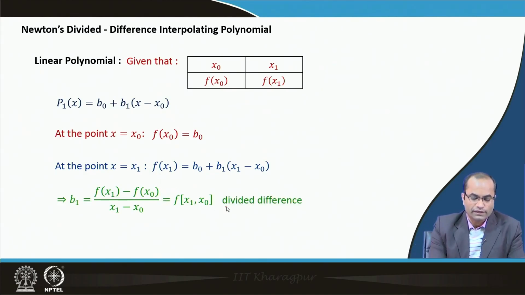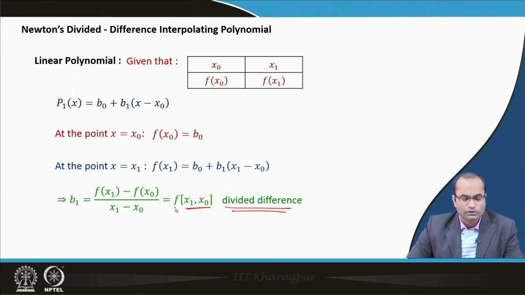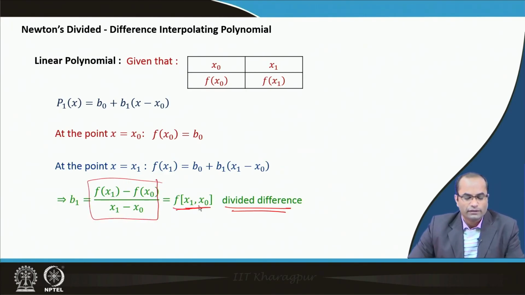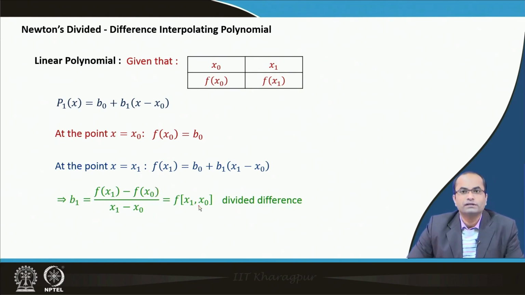So, this is the divided difference, taking these x 1 and x naught two nodal points. We are defining this ratio by this symbol f x 1 x naught with the square bracket. So, this is what we call the divided difference.